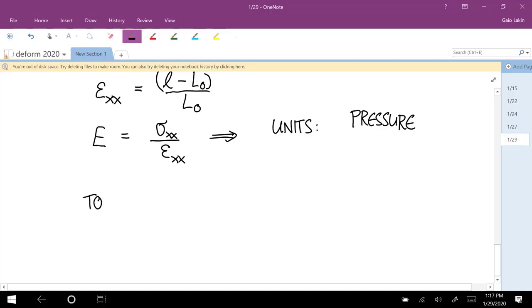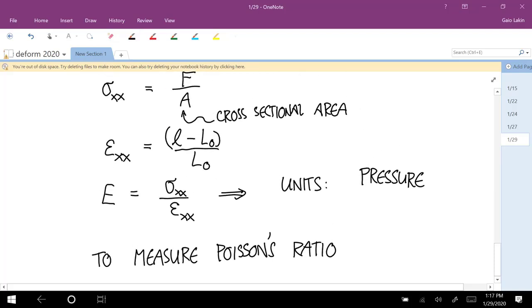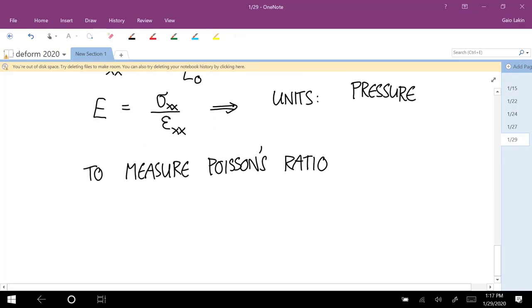To measure Poisson's ratio, you take a third measurement.